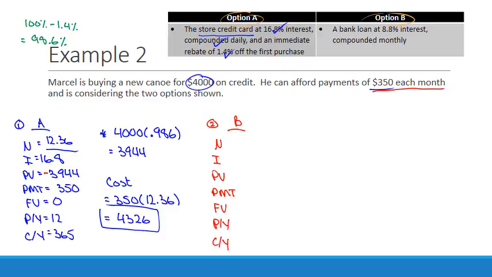So let's start picking some things off. 8.8%. Present value. Well, there is no rebate, so it's going to be the full $4,000. Payment. Oh, I got to put the negative in. Payment, $350. And again, let's make that really stand out, that negative. Future value will be 0.